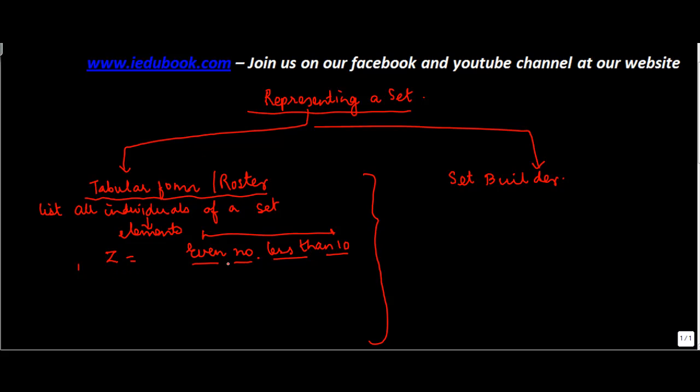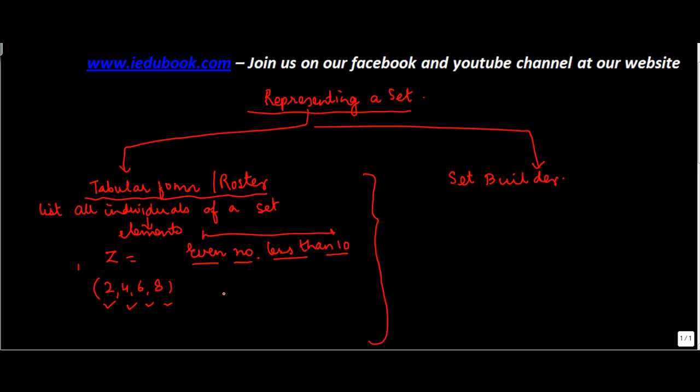I can write what all are the even numbers which are less than 10, which is nothing but 2, 4, 6, 8. So when I write all the individual elements of a set, it is known as the roster form or the tabular form. So whatever were the numbers, I put it down here.